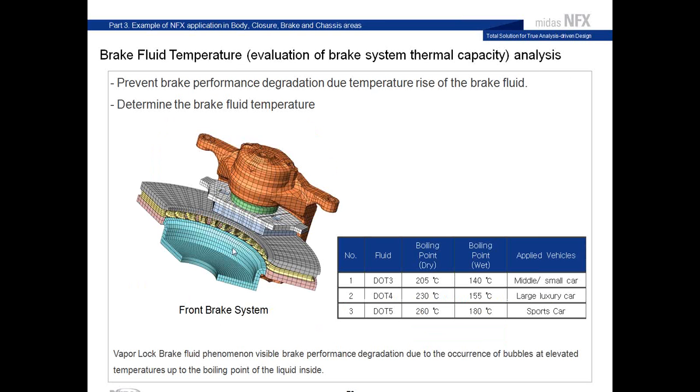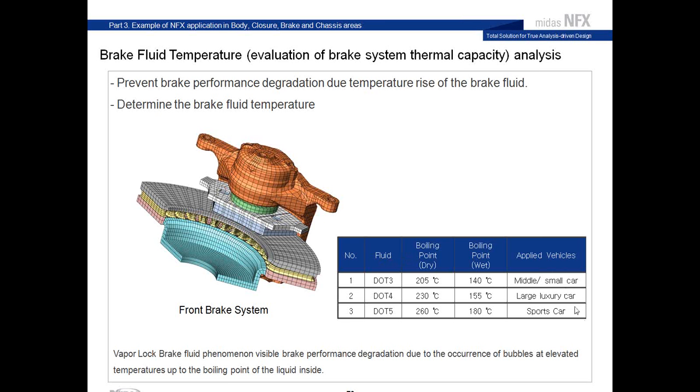Now a bit more complex analysis is to consider the brake disc and the brake fluid system at the same time. So here, how will the heat transfer between the brake disc and the system? We'll use FE analysis also to determine this.